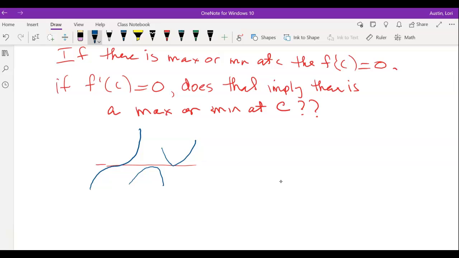There are tests we're going to do on Tuesday to know: is it a max or min? Is it an inflection point? They were both called inflection points. Okay? So just keep that in mind. A lot of different things can occur. All right?